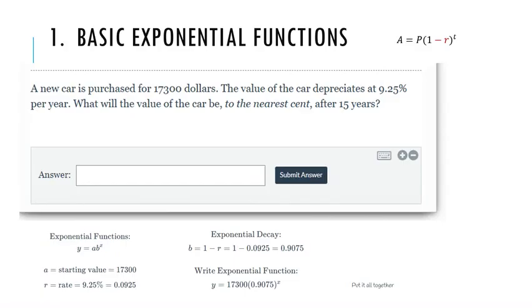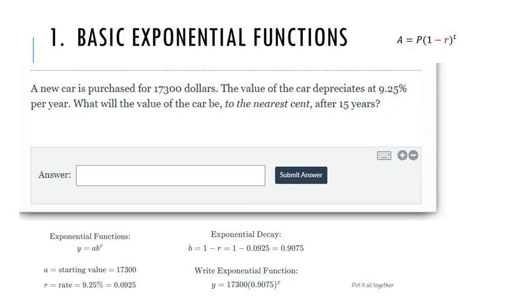Now, sometimes I would just punch it in your calculator the way it is. If you want to simplify this, you get A equals 17,300 times 0.9075 raised to the 15.